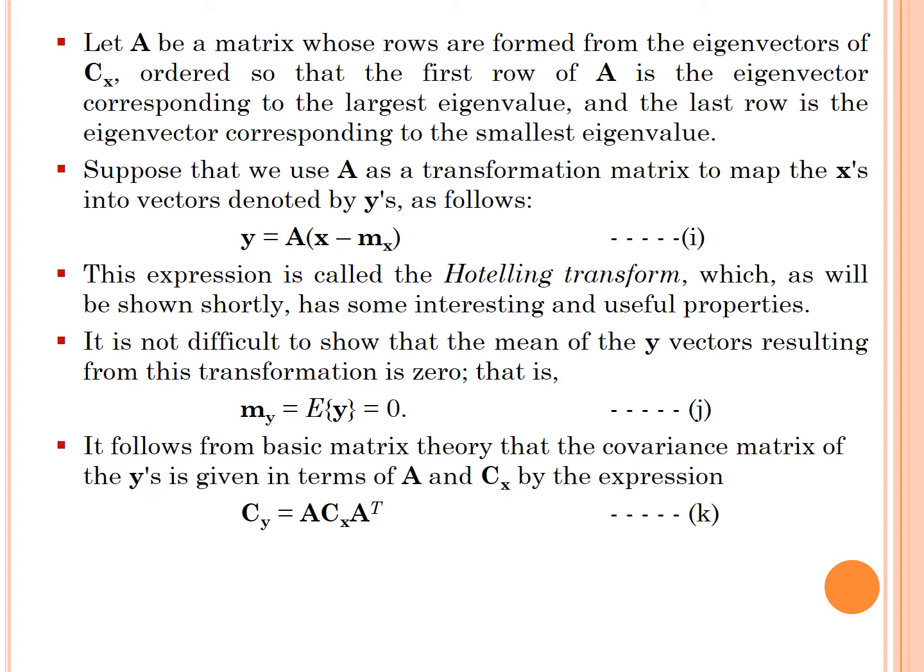It follows from basic matrix theory that the covariance matrix of the y's is given in terms of A and C_x by the expression C_y equal to A C_x A^T.